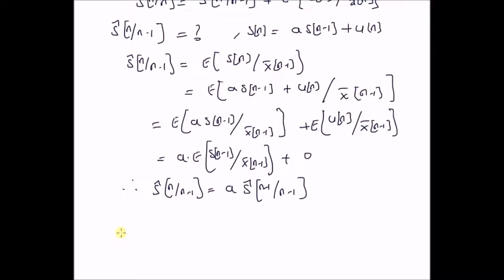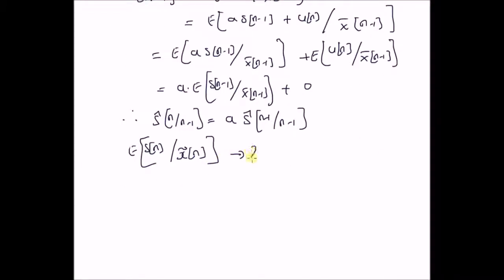Now we need to find the second component, which is expectation of s of n given x tilde of n. In order to find this conditional expectation, we have to use the following lemma, lemma number 3.